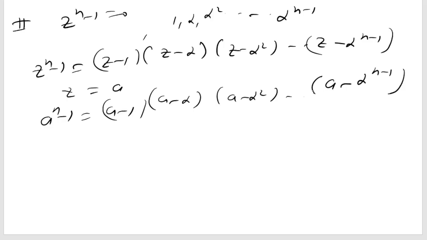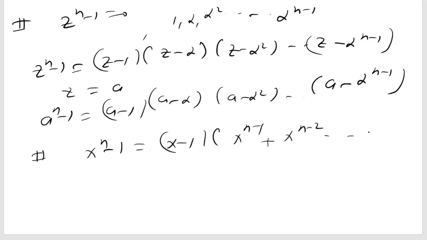Now one interesting thing is that, let's say we use this formula: x to the power n minus 1. We know that this is (x minus 1)(x to the power n minus 1 plus x to the power n minus 2 up to 1). This is an algebraic identity.